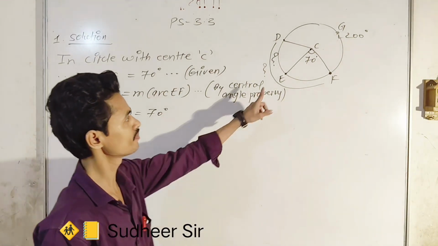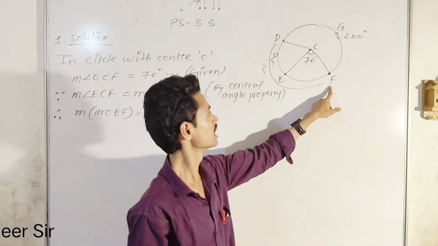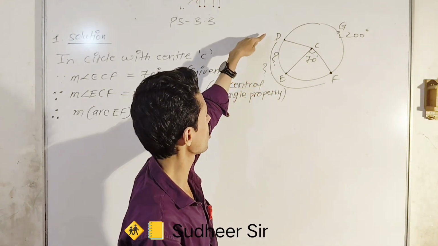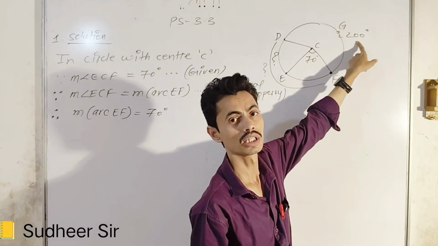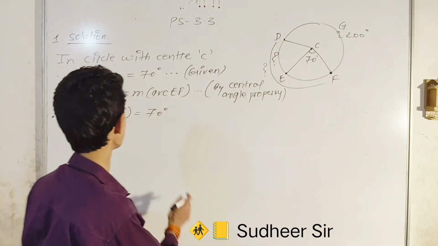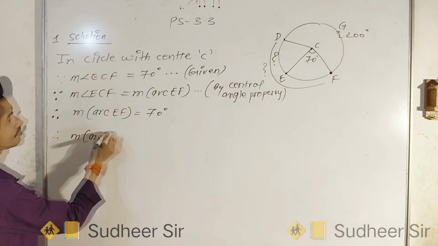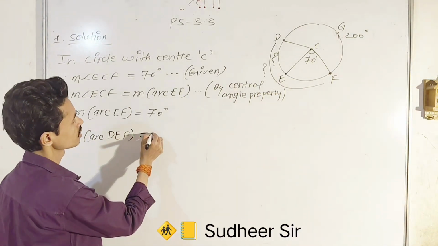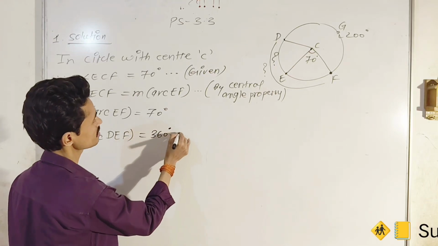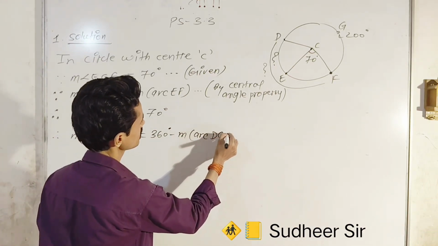Now that the measure of EF is 70 degrees, we'll find the measure of arc DEF with the help of this arc. Therefore, measure of arc DEF equals 360 minus measure of arc DGF.